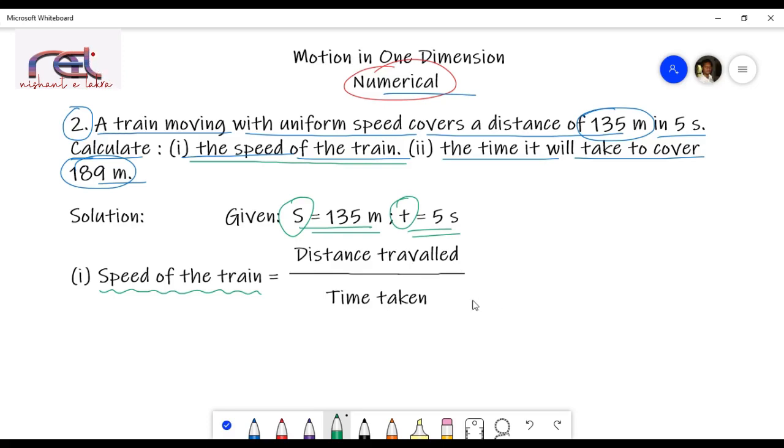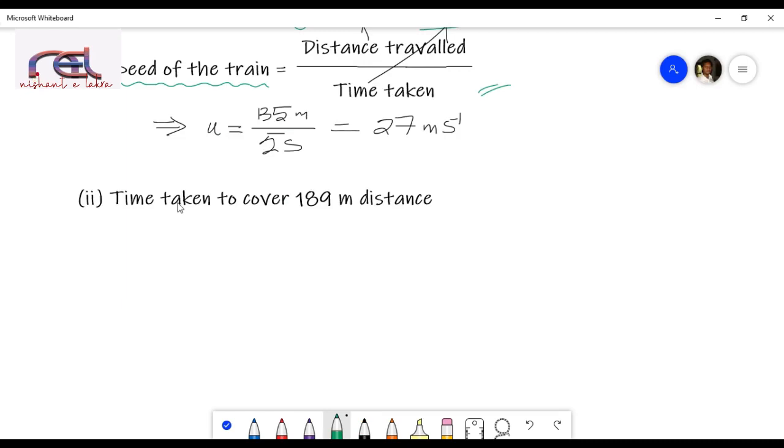So speed of the train is equal to distance traveled by time taken. Alright, after replacing the values we get distance as 135 meter and time is 5 seconds. So when we cancel it, we will get the answer as 27 meter per second. So 27 meter per second is the speed of the train.